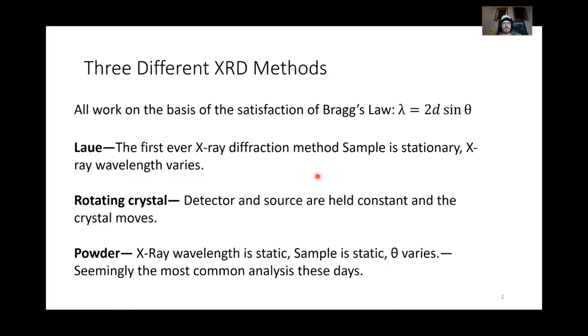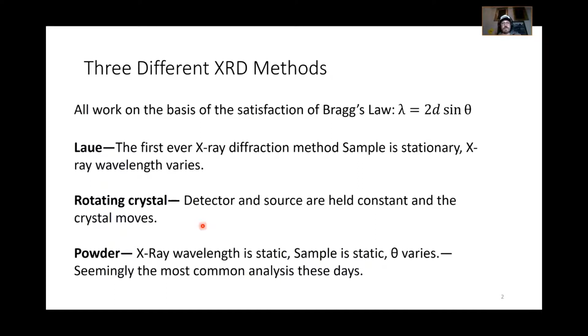Rotating crystal: the detector and the source are held constant and the crystal moves. And in powder X-ray diffraction, the X-ray wavelength is static and the sample is kind of static. Okay, it depends on the method. There are 2 different geometries used on your diffractometer setups.